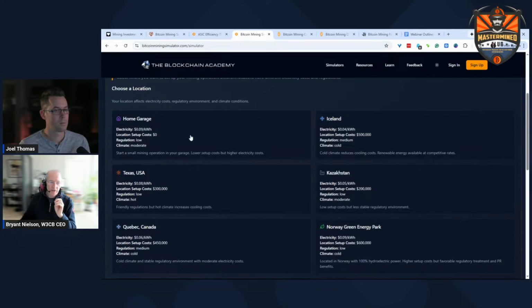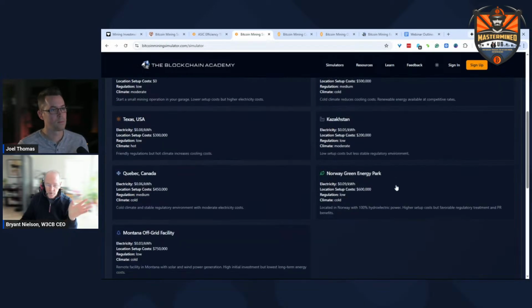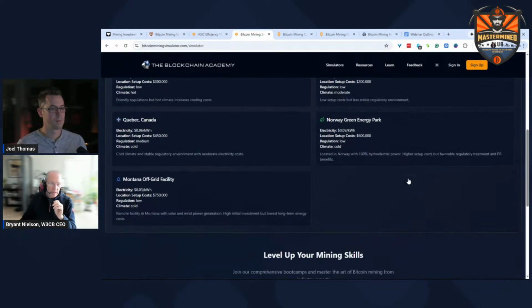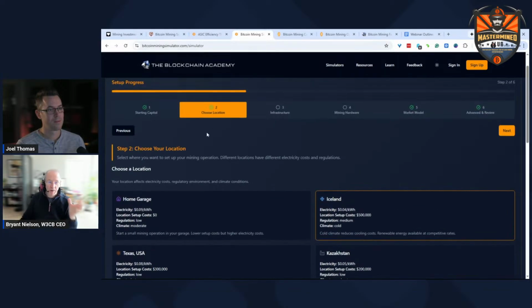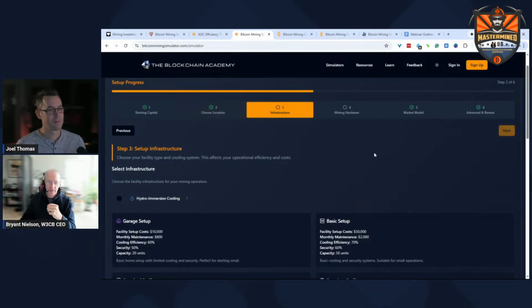You can have your home garage, which is going to have a very high retail electrical cost, to Iceland, where it's at 4 cents, to Texas, which might be high, might not, to Kazakhstan, to Quebec. We even threw in a green option from an energy park, or even a Montana off-grid. It allows you to choose what you want. I'm just going to say Iceland is my location for this simulation.